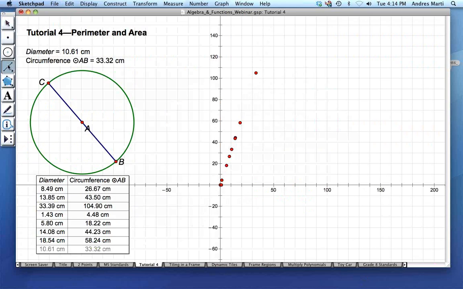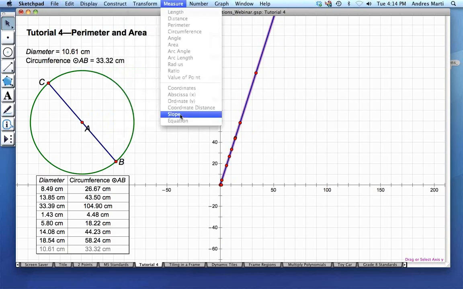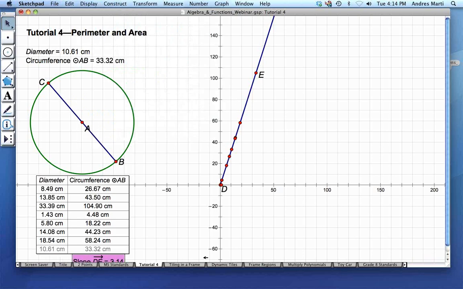And in fact, I'm going to use a ray instead of a line only because I'm going to keep all my values positive here. And if we measure the slope of this line, we get this interesting value, 3.14. So again, I think this is a powerful connection that honestly I don't think I made until some point in my teaching career.